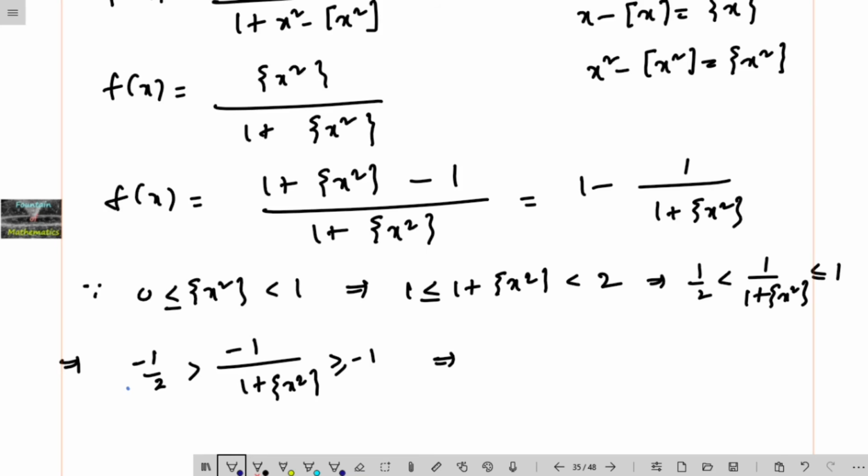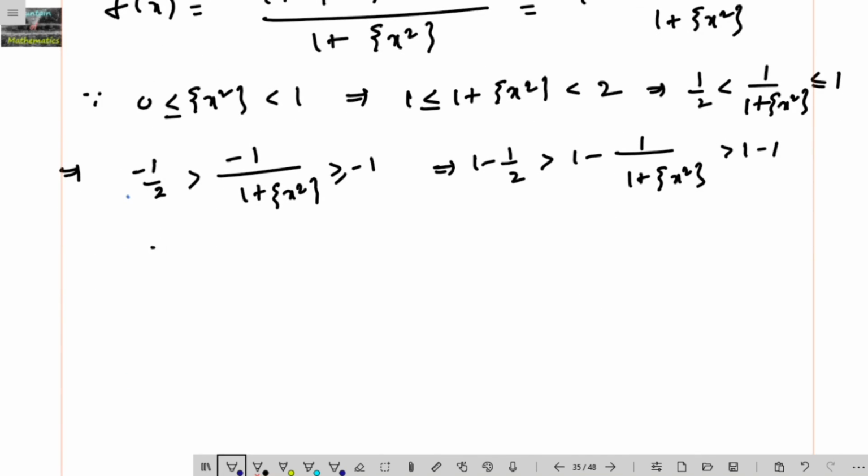And hence by adding 1 on both sides of the inequality, 1 minus half is greater than 1 minus 1 by 1 plus fractional part of x square, which is greater than or equal to 1 minus 1. So this implies that 1 minus half is greater than 1 minus 1 by 1 plus fractional part of x square, which is nothing but your f of x, and f of x is greater than or equal to 0.